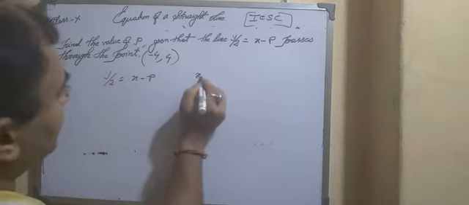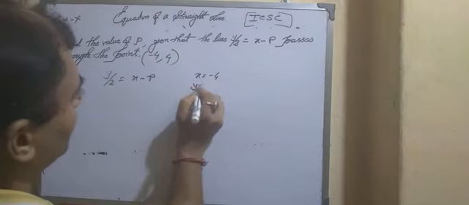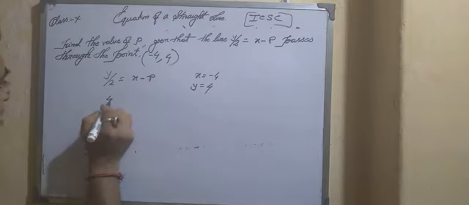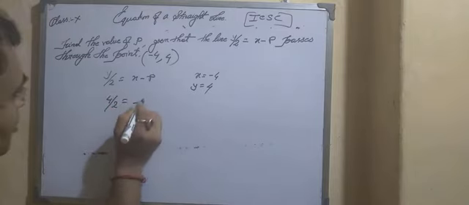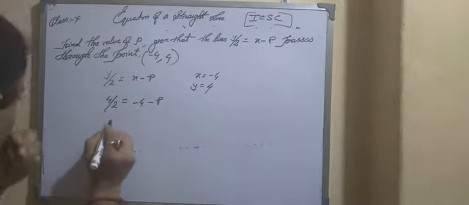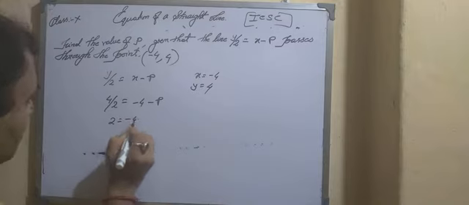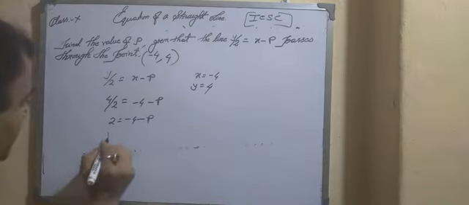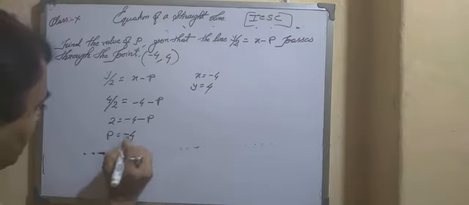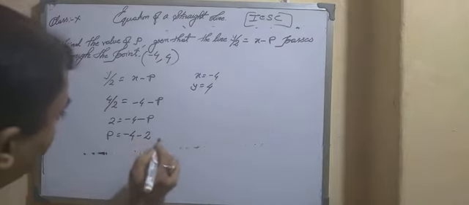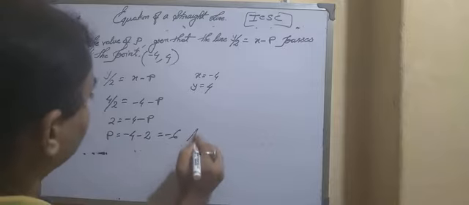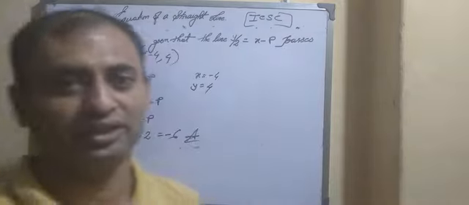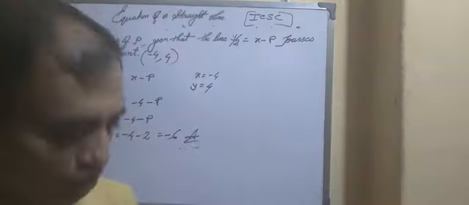Here x is equal to minus 4 and y is equal to plus 4. So putting the values, 4 by 2 is equal to minus 4 minus p. If we move p to the left side, p is equal to minus 4 minus 2, that is minus 6. So that is the answer. It's very easy. Wait for the next problem.